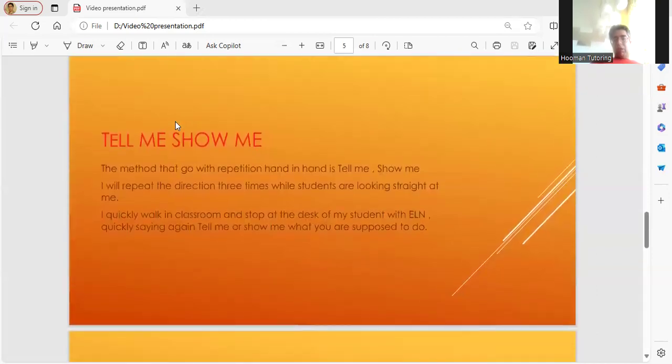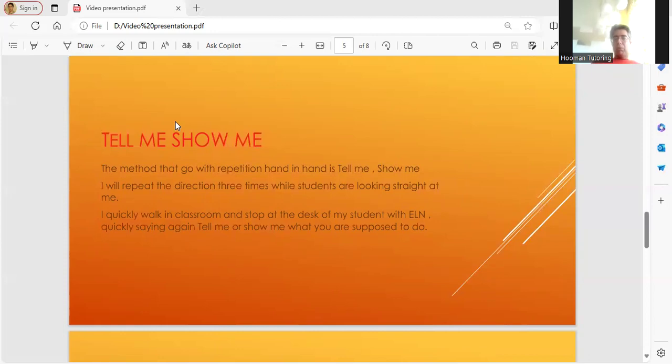The other technique that goes hand in hand with repetition is tell me, show me. I will repeat the direction 3 times with the students, looking straight at them and making sure they are looking straight at me.